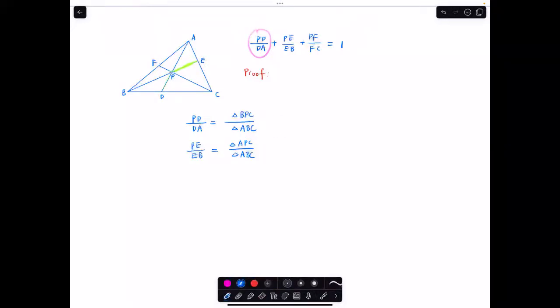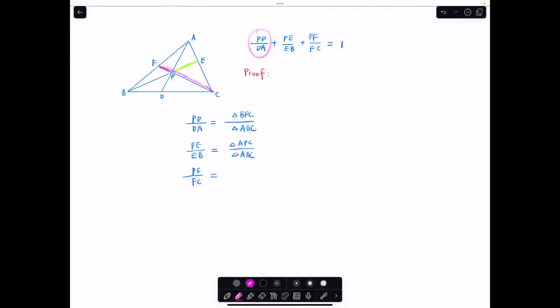Okay, so what is the final term, which is this one, PF over FC. So PF over FC. Let's mark them again. Okay, so PF, which is this part, over FC, which is the longer part.